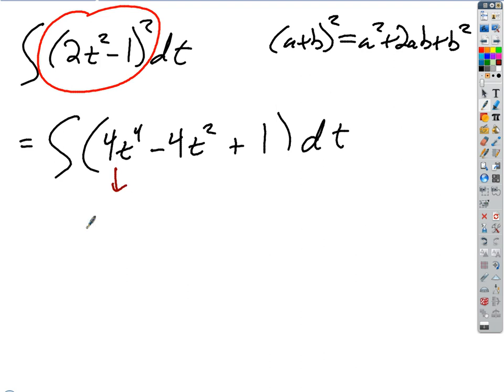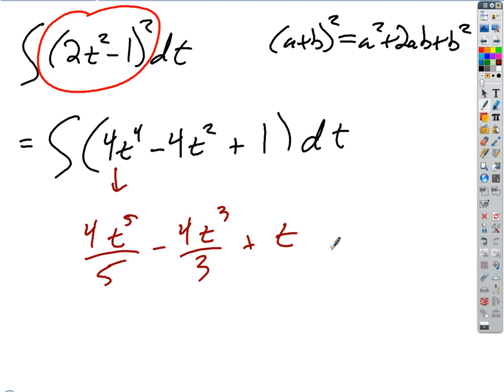We get 4t to the fifth over 5, minus 4t cubed over 3, plus t. Are we done? Plus C. All right, now we're done.